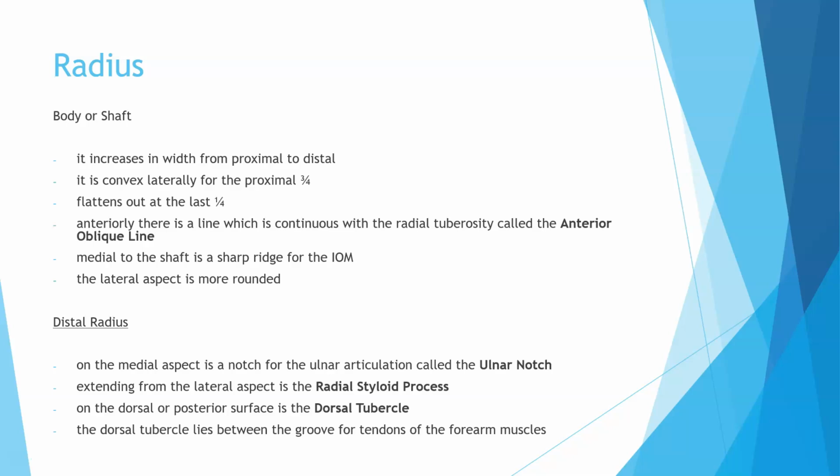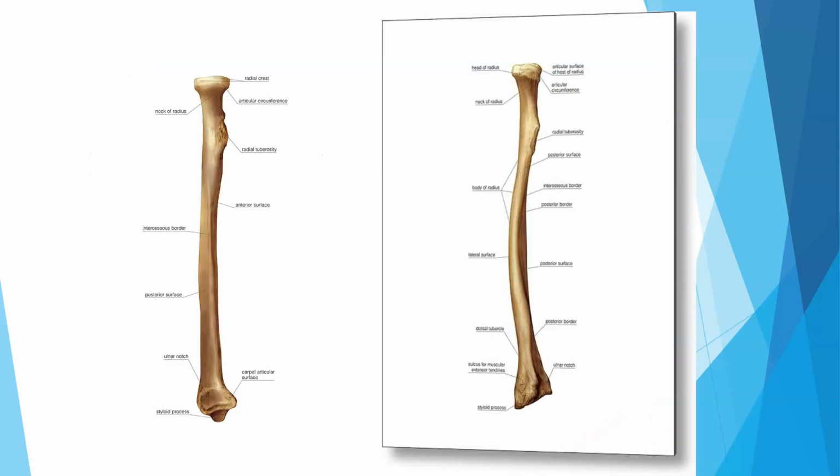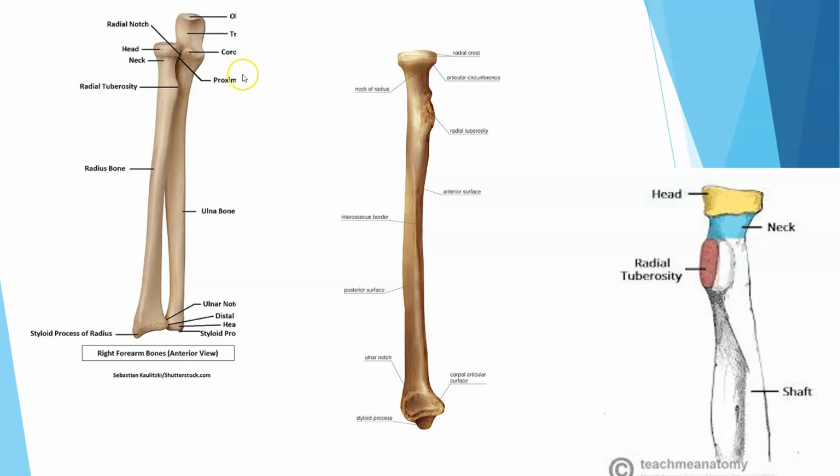On the distal medial aspect of the radius, we have a notch that articulates with the ulna. So when we have the two together, we can see that something is going to occur between the head and the lateral aspect of the ulna. And this will be the other set of slides today.